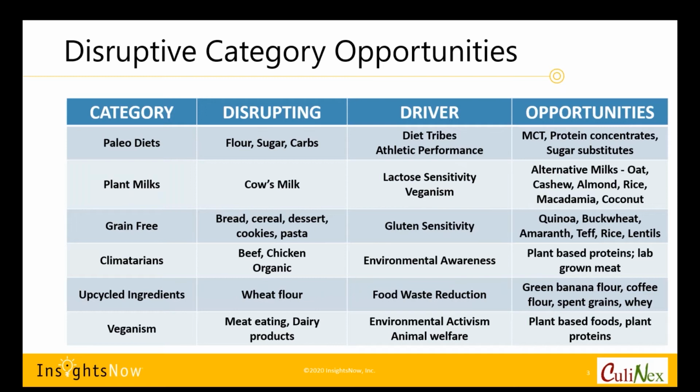But on the ingredient level, paleo diets, for example, are disrupting flour, sugar, carbohydrates in general. And each one of these disruptive categories has drivers. Now, question is, and these are just examples, when a disruptive category appears, what's driving it?